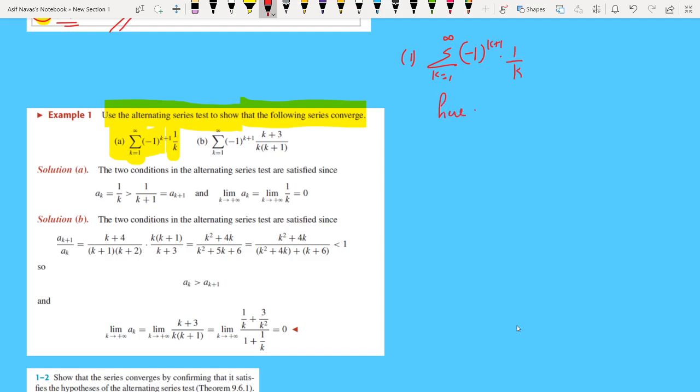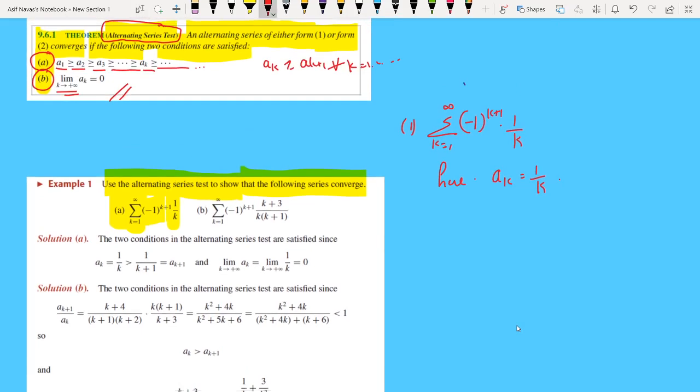So what is a_k here? a_k is equal to 1/k. Now we have to check whether the first condition, a_k greater than or equal to a_(k+1), and the second condition, the limit of a_k equal to 0, are satisfied.